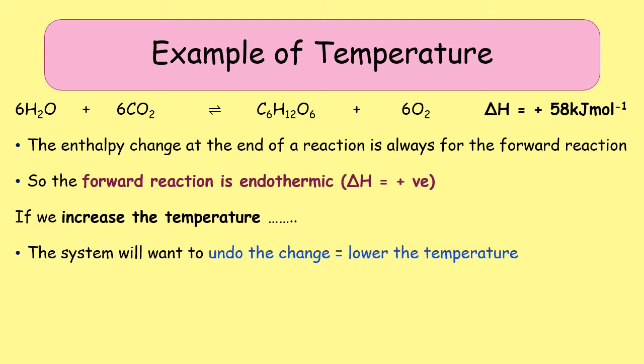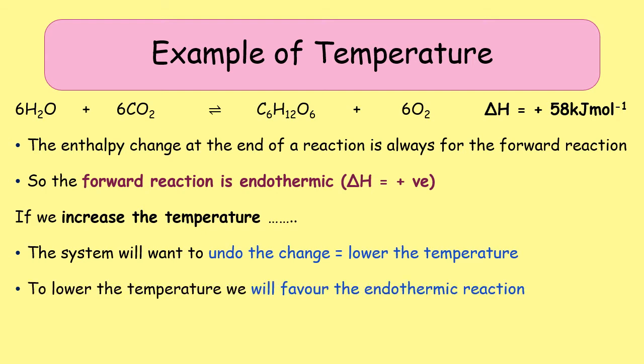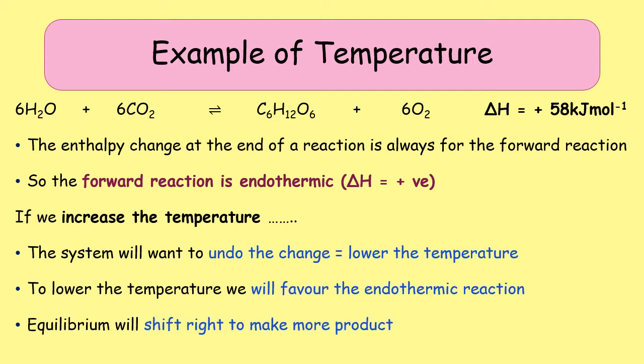The system will want to undo the change, which means it will want to lower the temperature. Next step, how can it do that? Well, it can lower the temperature by doing more of the endothermic reaction. And in this case, that is shifting the equilibrium to the right to make more product, to favour that endothermic reaction.